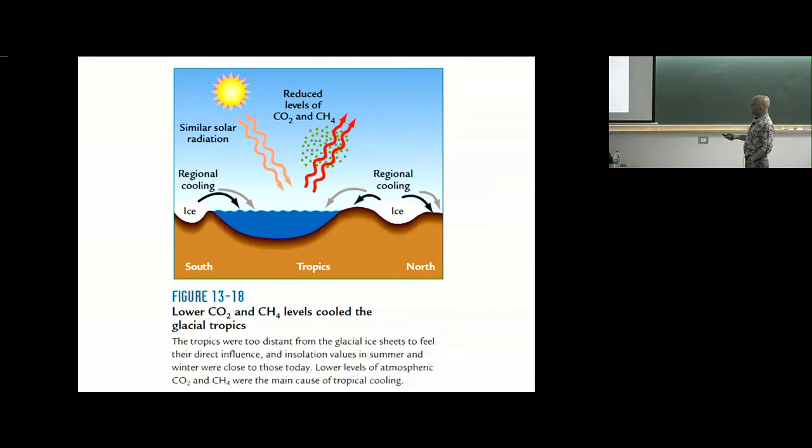So if you build ice, you will have regional cooling, obviously, all around wherever you have glacier mass, and you have no change in the radiation. There is some precession forcing, but that's not the major change in the amount of radiation being received. So you will bury a lot of organic matter.